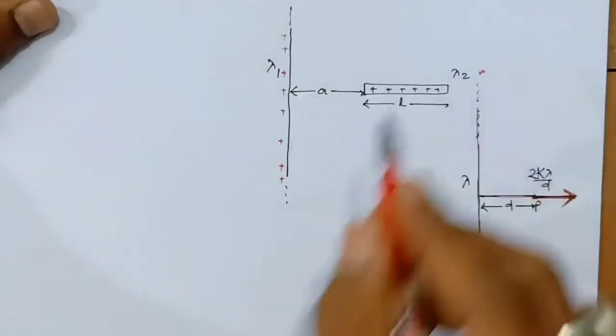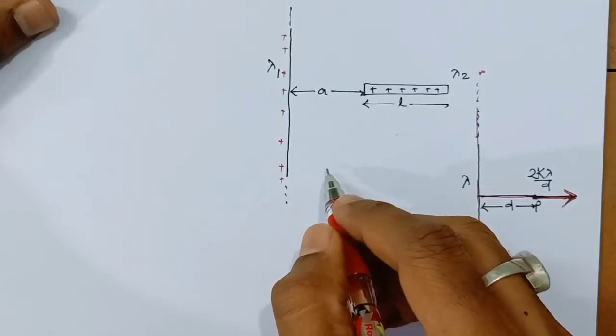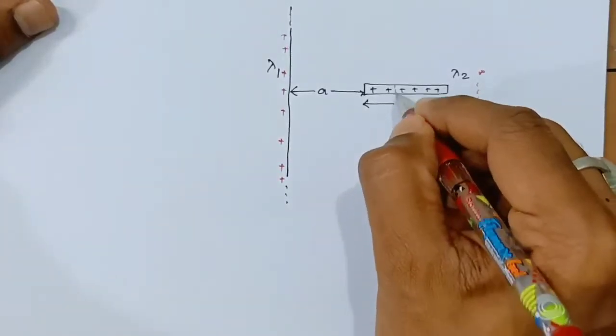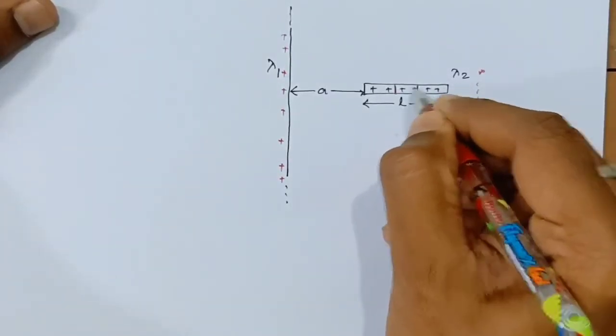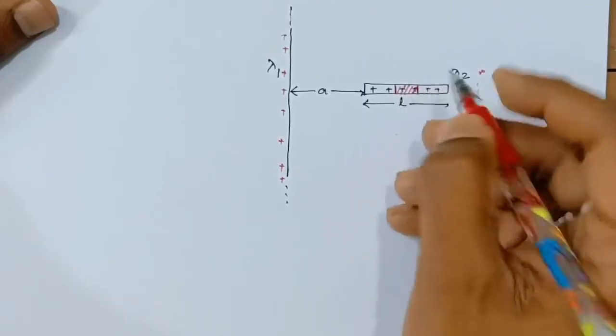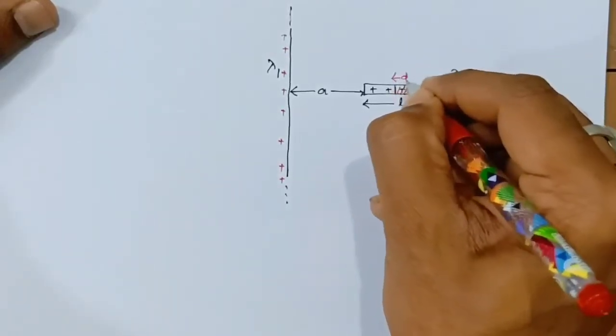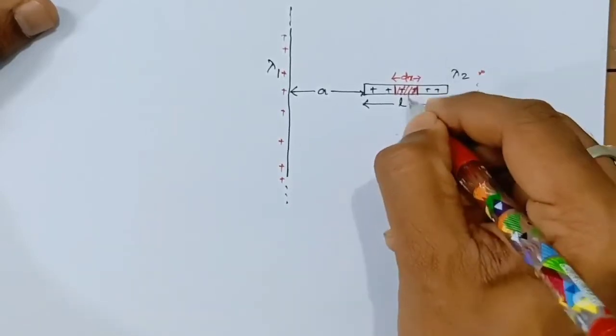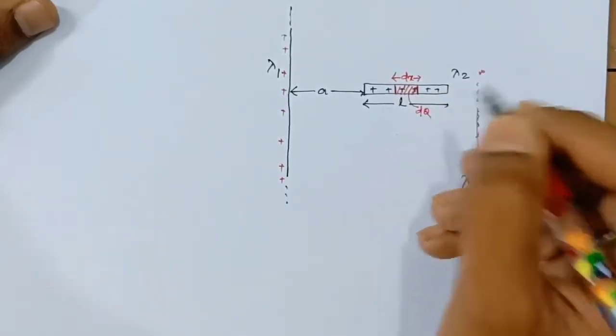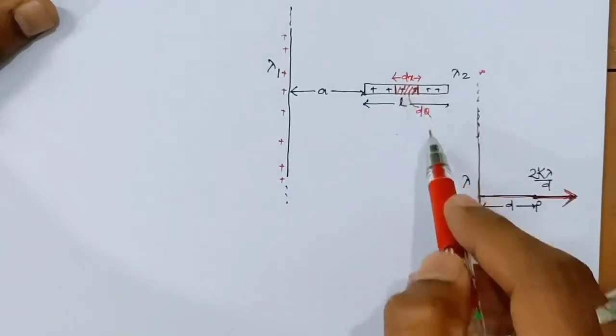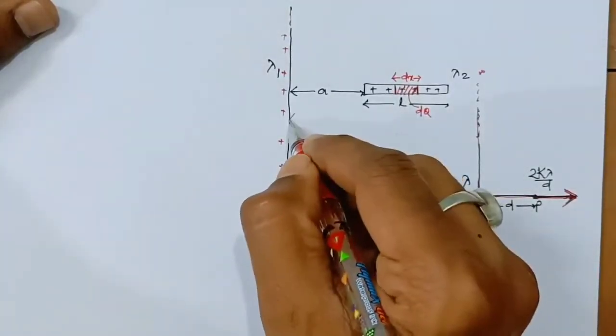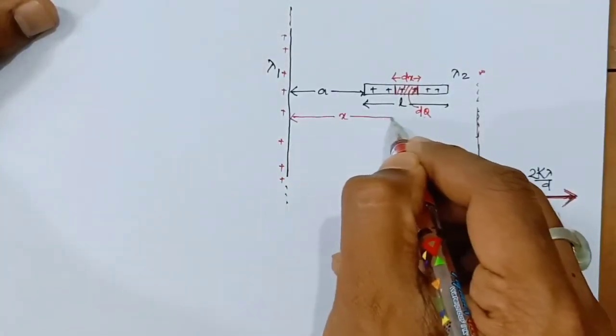When this kind of question is given, I must consider a small element on this finite rod. This small element length is dx and charge on this small element is dq, and it is exactly at a distance x.